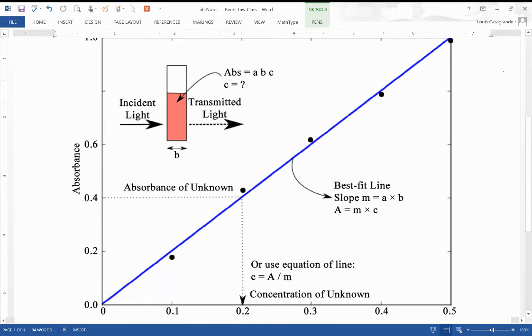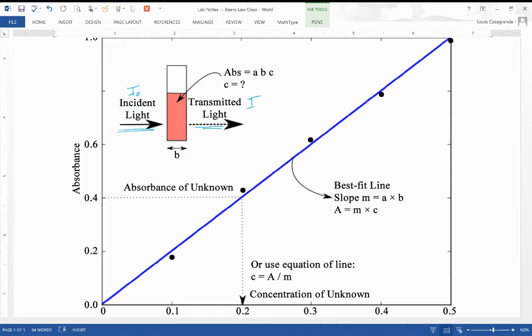For some substance, we shine incident light onto a sample, and then some lesser amount of light comes through. In scientific terms, we call this I0 for the amount of light that is incident on the sample, and then I is the amount that's transmitted.